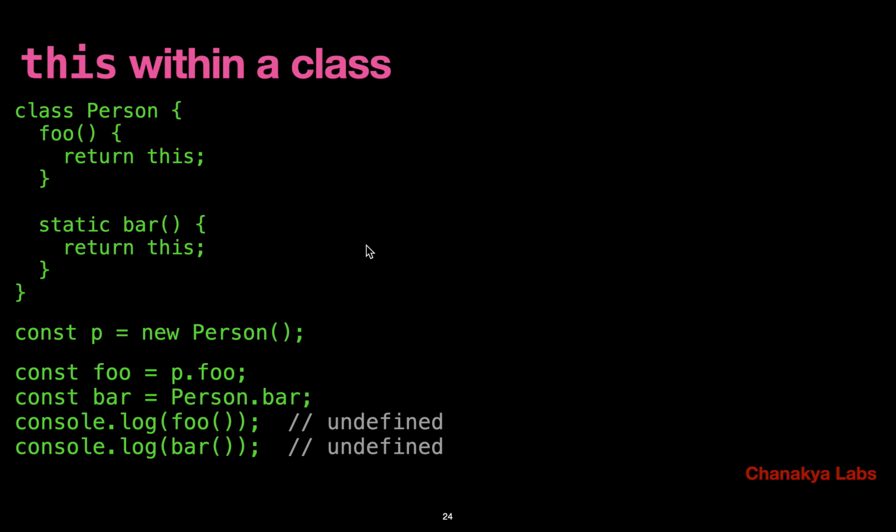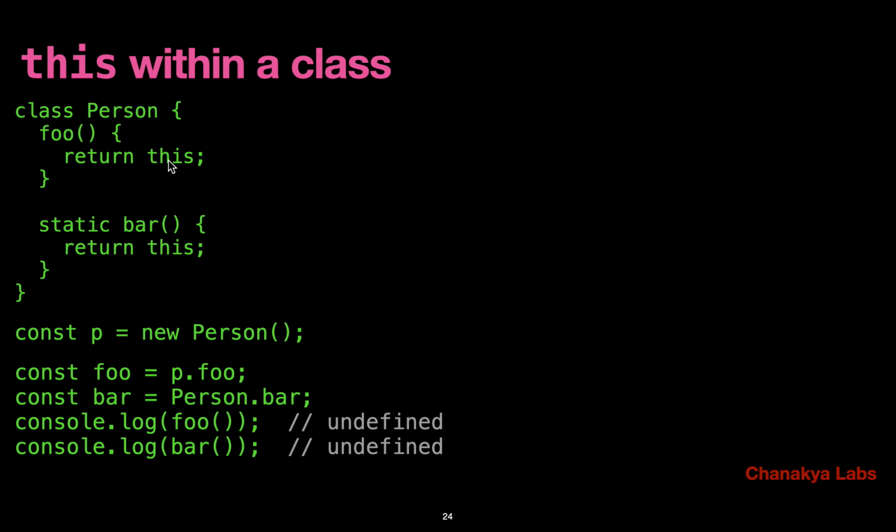But if you try to do something like this, that you assign p dot foo to a separate variable and then call foo, rather than calling p dot foo directly, which we saw earlier also, then this thing is called in the global context. And in the global context, this is returning undefined.